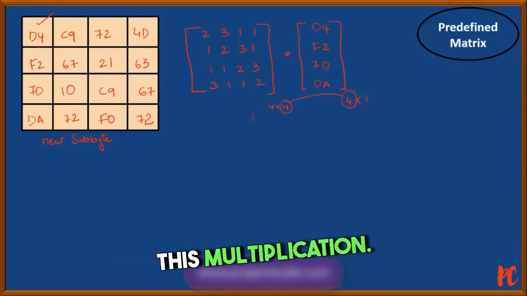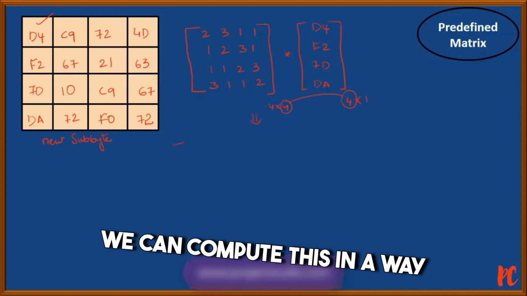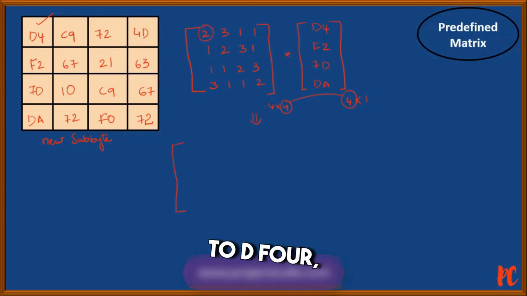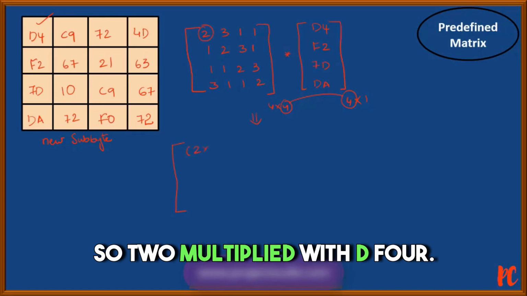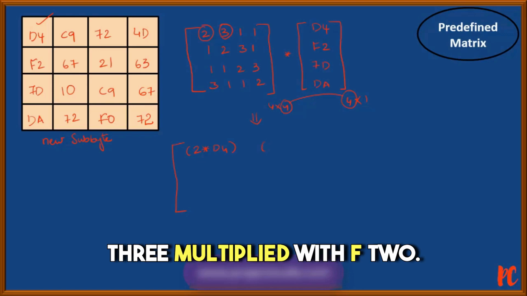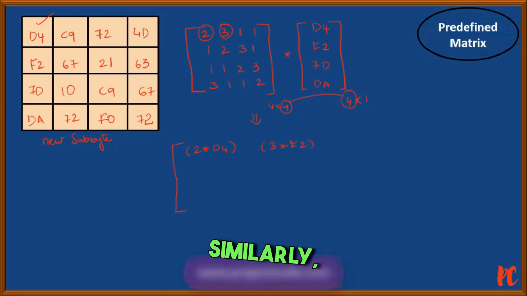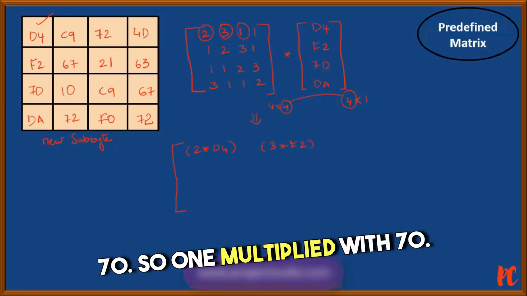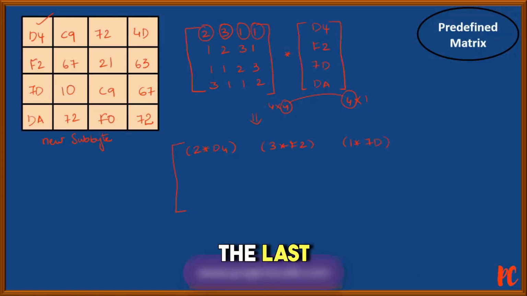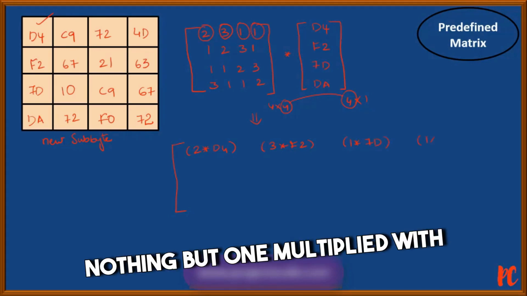We compute this by multiplying the first element, 2, with D4, the second element, 3, with F2, similarly the third, 1, with 7D. Finally, the last element of this first row, 1, is multiplied with DA.